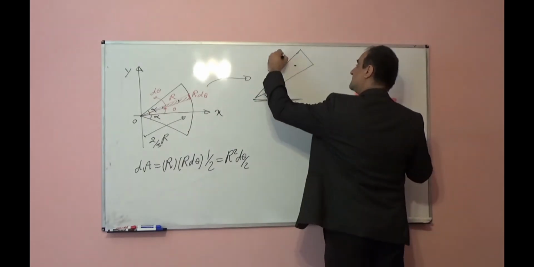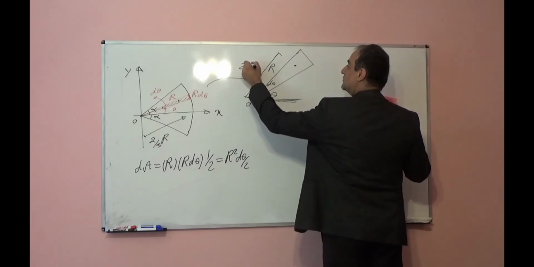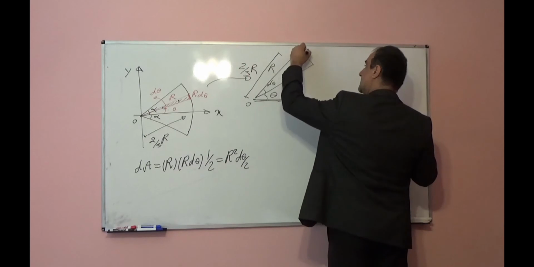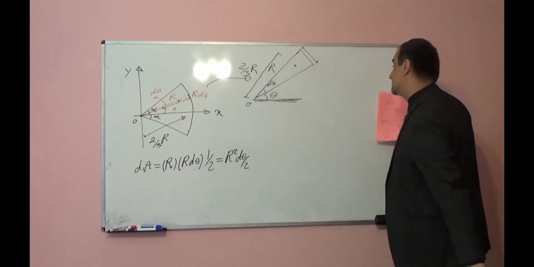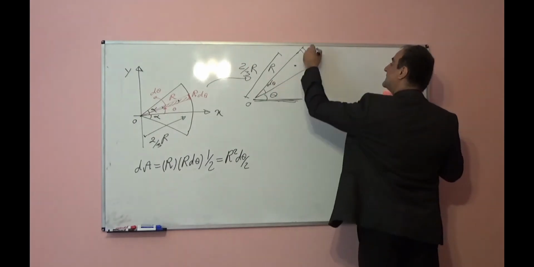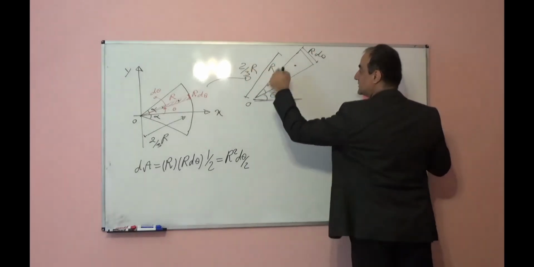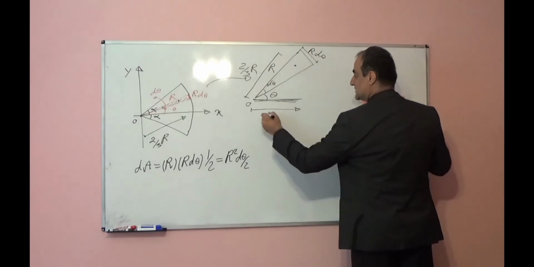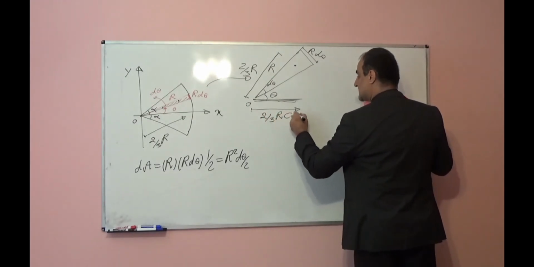So the centroid with respect to origin O will be 2 over 3 r, because it is a triangle shape. This arc is close to a straight line, because d theta is a very small angle. So this will be r d theta, this will be 2 over 3 r. If I project in the x direction, this will be 2 over 3 r cosine theta.